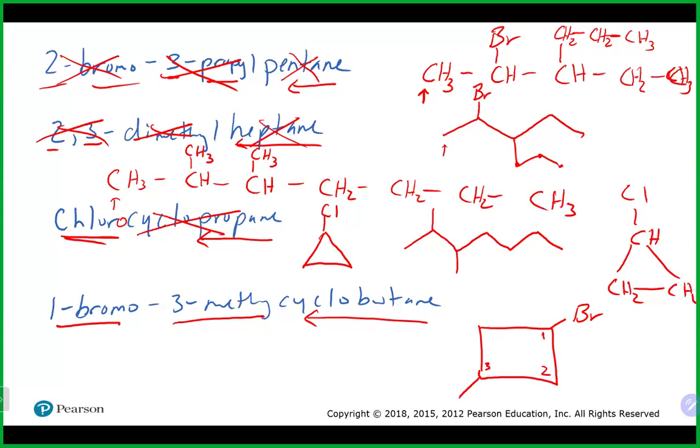And again, if you wanted to do more of a condensed type of deal, you could, again, just kind of put your carbons in your corners and attach your bromine, and also attach your methyl here. And then just fill in your hydrogens, which we need 1 there, 2 there, and 1 there.